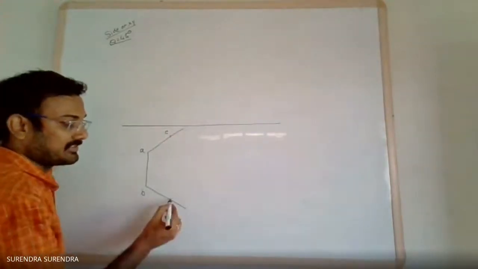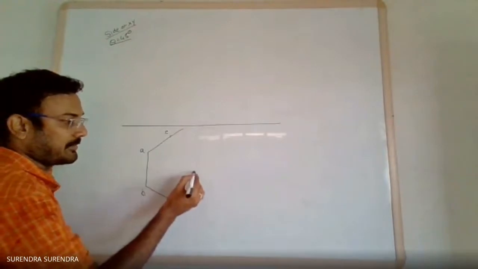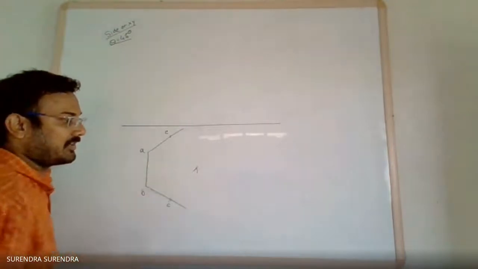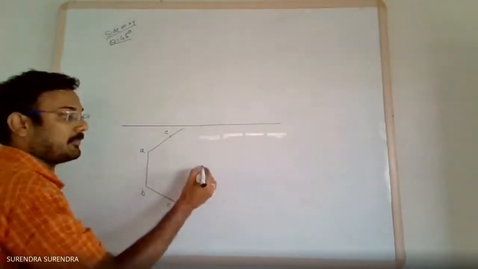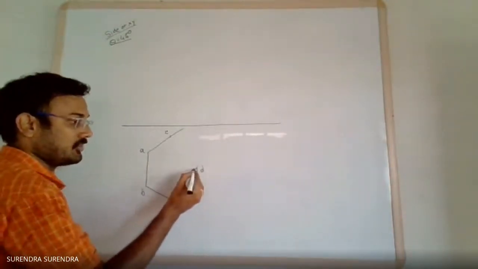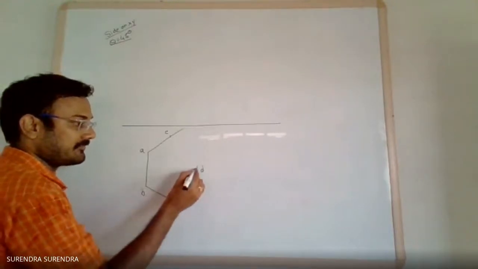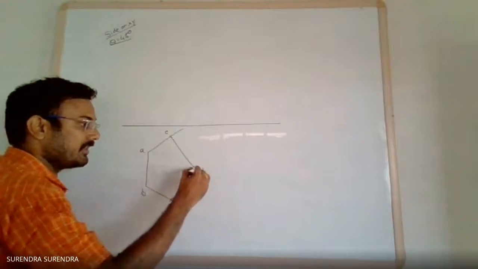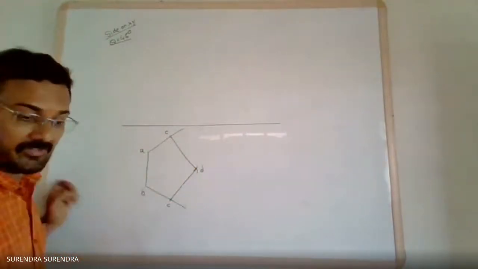Now, with C as center and same 30 mm radius, draw an arc. E as center and 30 mm radius, draw one more arc. We will get the point D. Join BC, CD and DE. We'll get the required polygon.